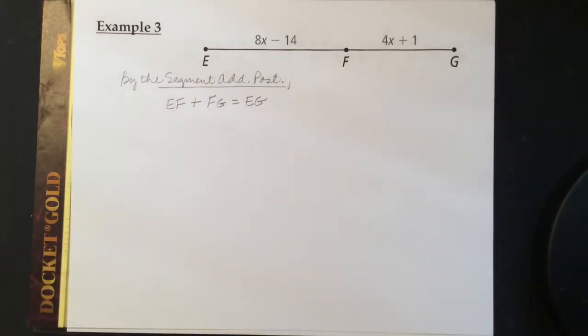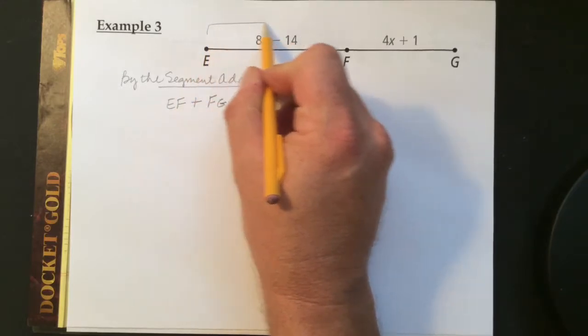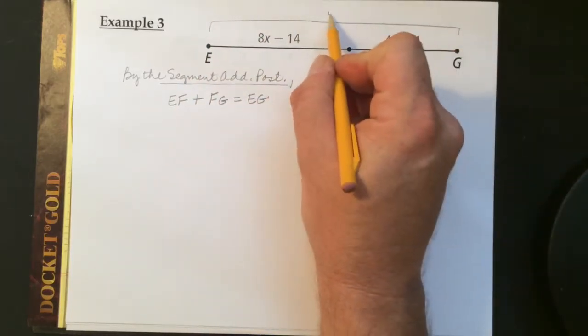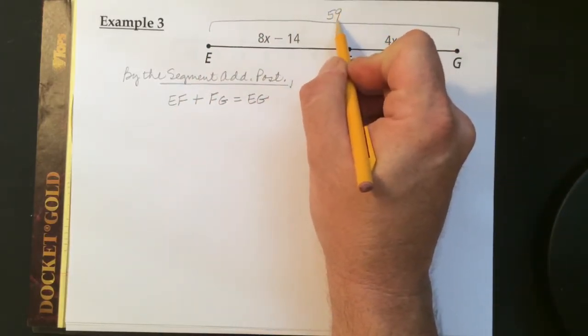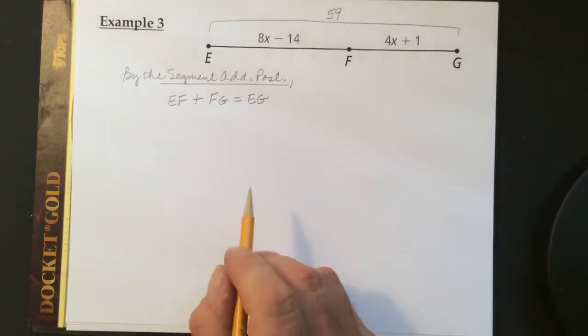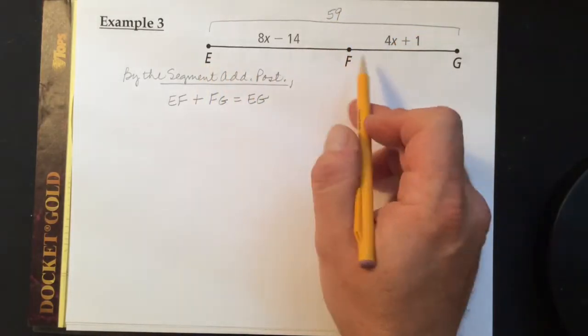We do this to answer the question. They told us that the length of EG is 59, so this whole segment is 59. What are the lengths of EF and FG?